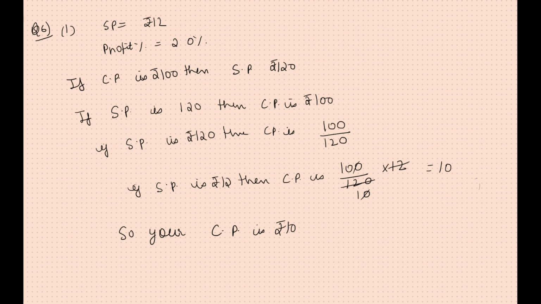Okay, what we have done? Selling price 12 rupees, profit 20%. Okay, so we have taken the cost price as 100 rupees, then selling price becomes 20% of 100, 120. So if selling price is 120, then cost price is 100. One small correction here, children.